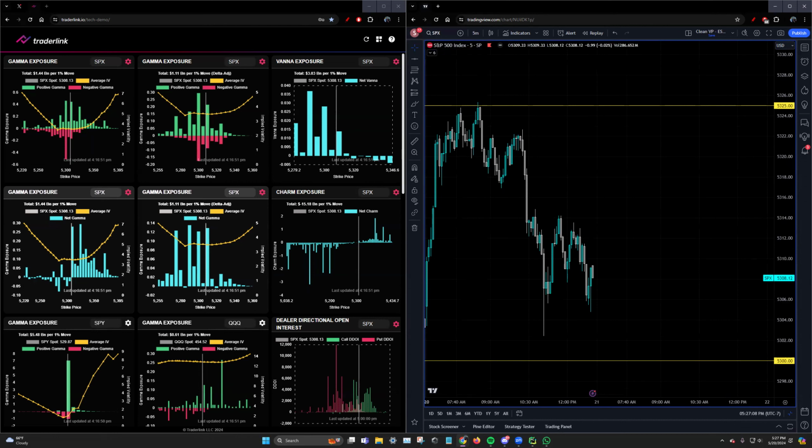Without the data, I won't even bother taking a trade for the day. Yeah, it's like being blind. Exactly. Smitty knows. Smitty's been a long time OG. Once you look into this, you really just can't trade the market without it at a certain point.